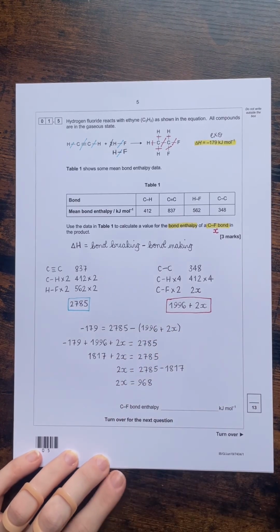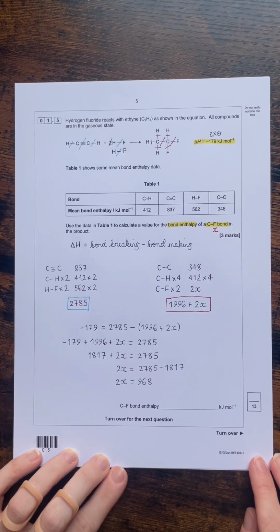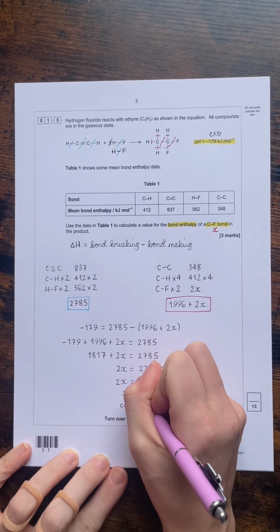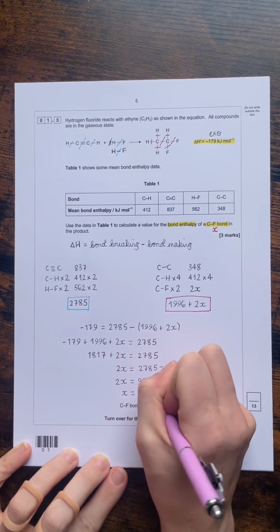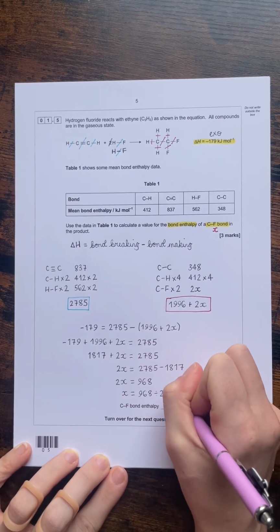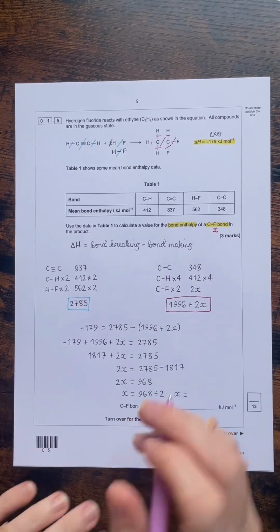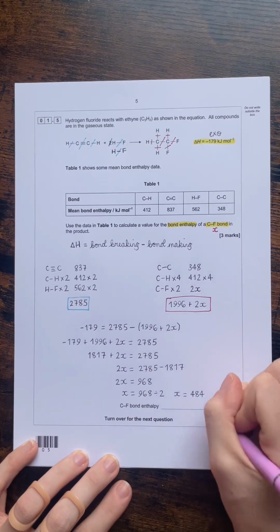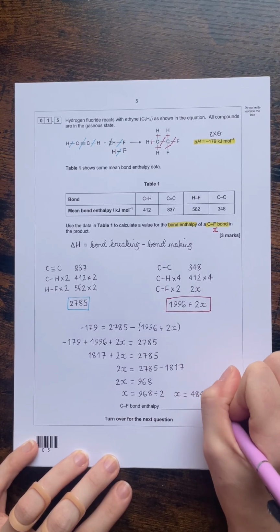So then if I want to work out what X is, which is 1 carbon fluorine bond, I would then divide the 968 by 2. So X is going to be equal to 484 kilojoules per mole. And that is going to be my answer.